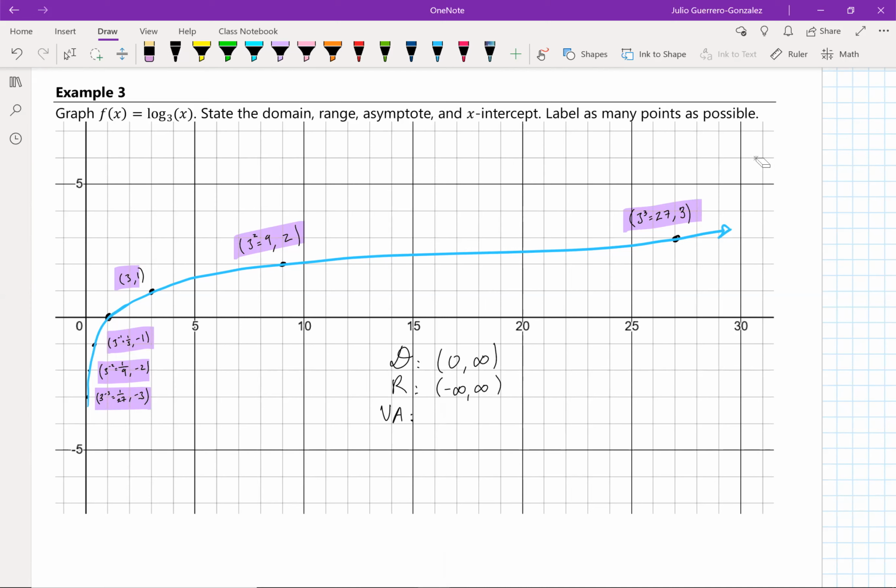Right. And what's the last one? The x-intercept? 1, 0. Right. So notice these 4 things didn't change, even though I said that we were doing log base 3. So that b can be whatever you want it to be.